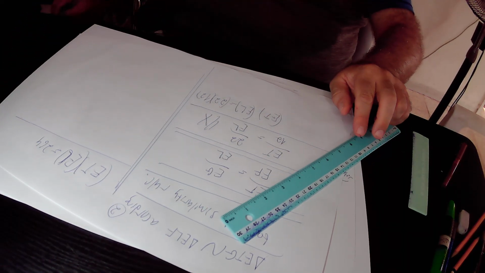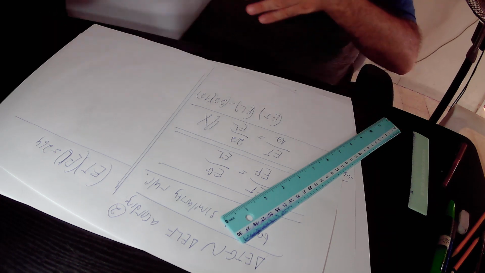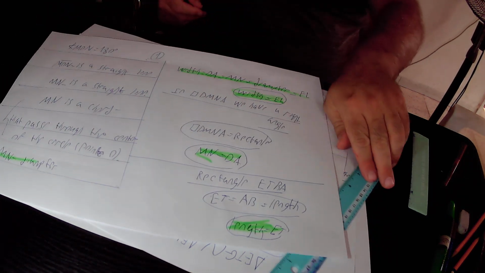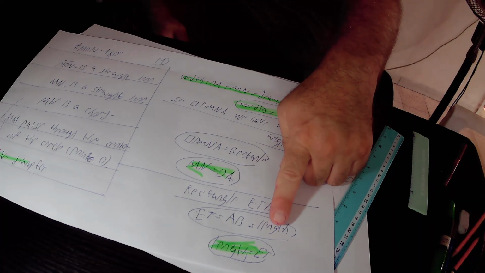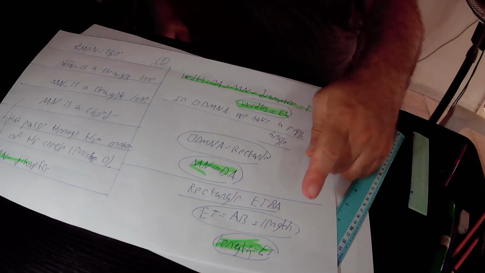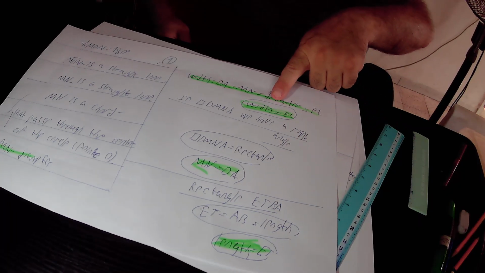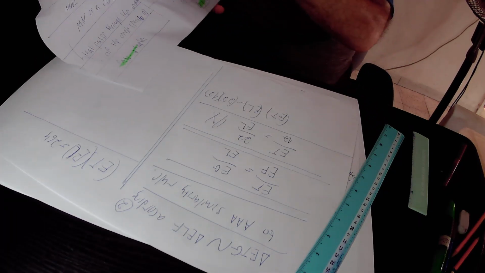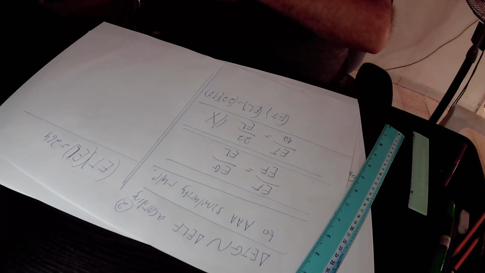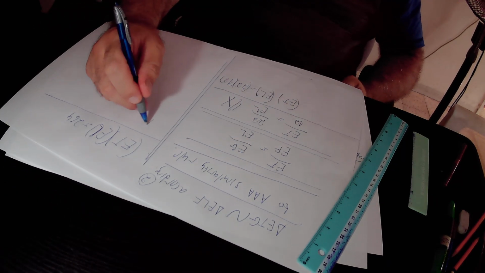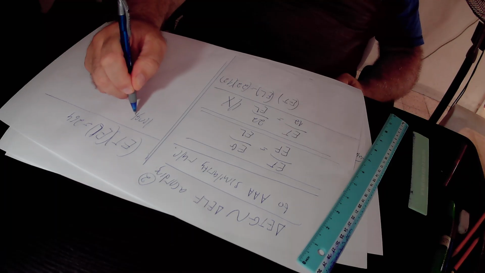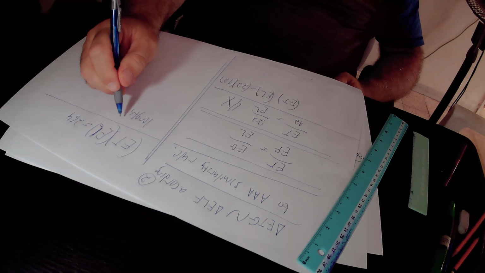But we already found out that ET is the length of rectangle ABCD and EL is the width. So we substitute ET by the length and we substitute EL by the width.